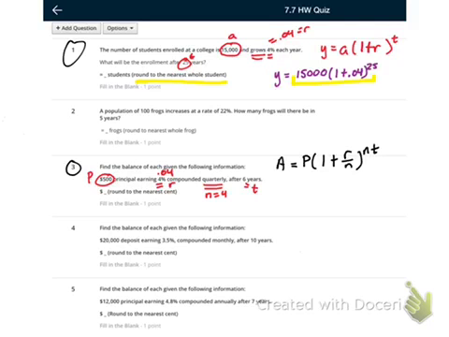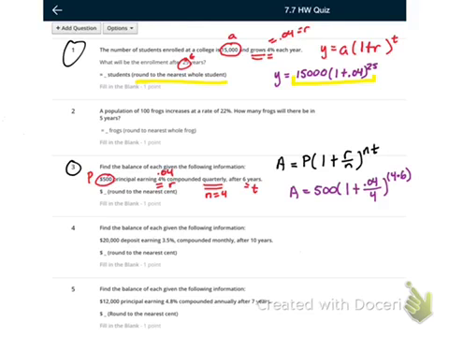So we're going to plug in all of this information. A is going to equal the principal, 500, times 1 plus the rate, 0.04, divided by 4, because of the number of times compounded, raised to the 4 times 6 power.